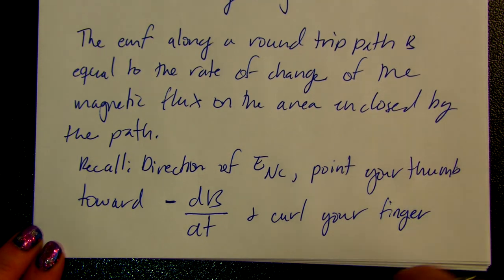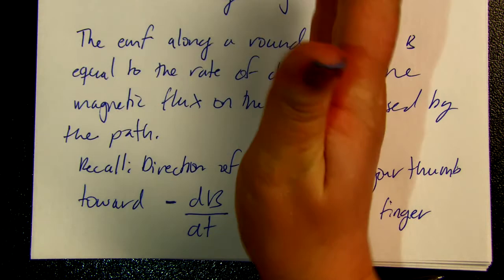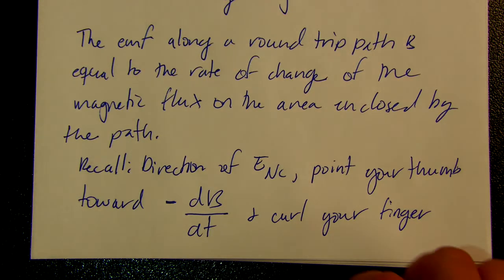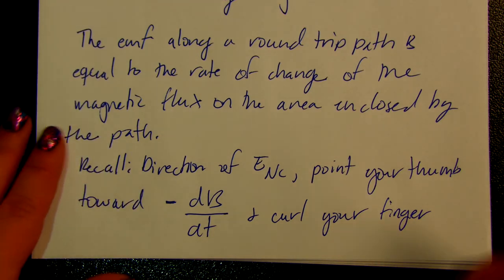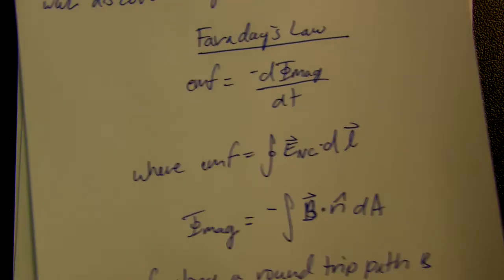So you want to see in what direction the magnetic field is changing, and then that determines the direction of your curly electric field. It's different than the electric field being determined by the direction of the magnetic field. It is the direction of the rate of change with respect to time.